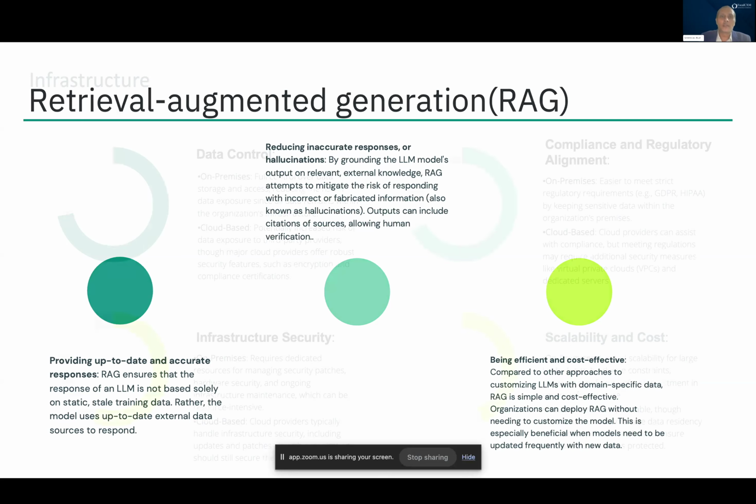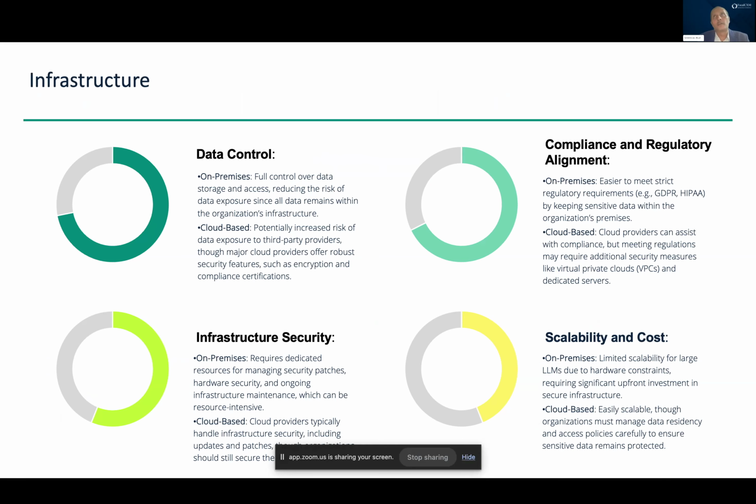Moving on. This slide talks about how you can securely leverage an LLM model which is installed either on-premise or on cloud. Each one of them has pros and cons. For example, data security: if it is on cloud, obviously a data transfer is needed out of your network. That is risky. That's the con of cloud-based here in data control.